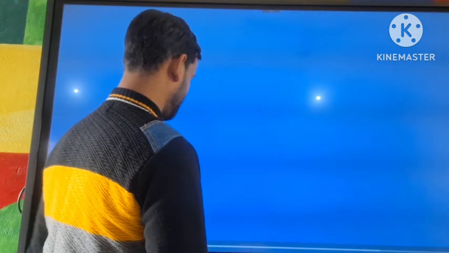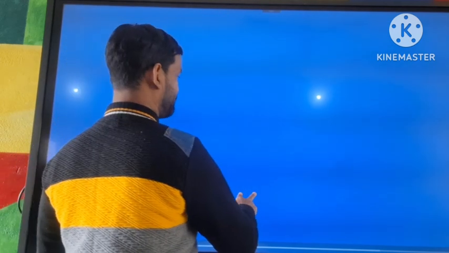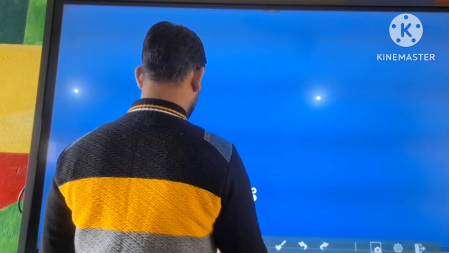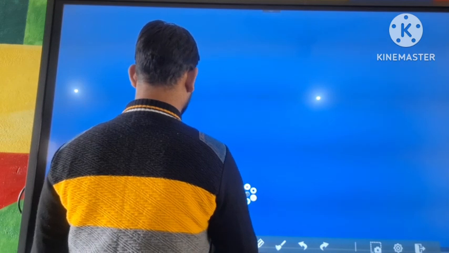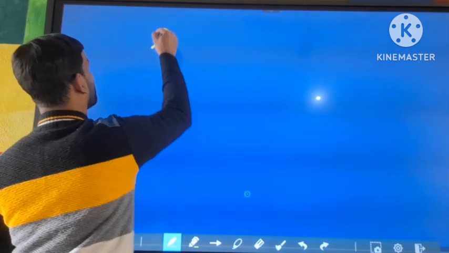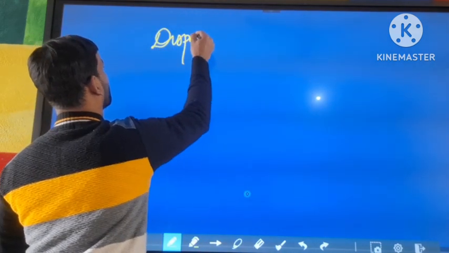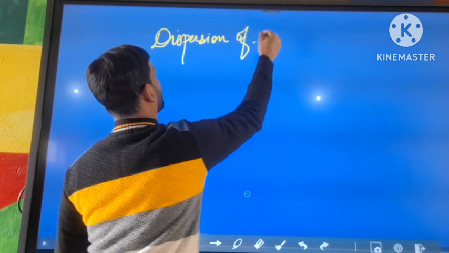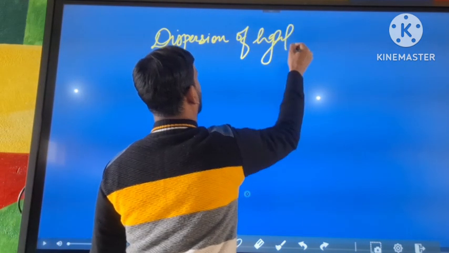Now class, here we'll have to explain the topic which is light dispersion, or dispersion of light. Through this we have to study the dispersion of light.